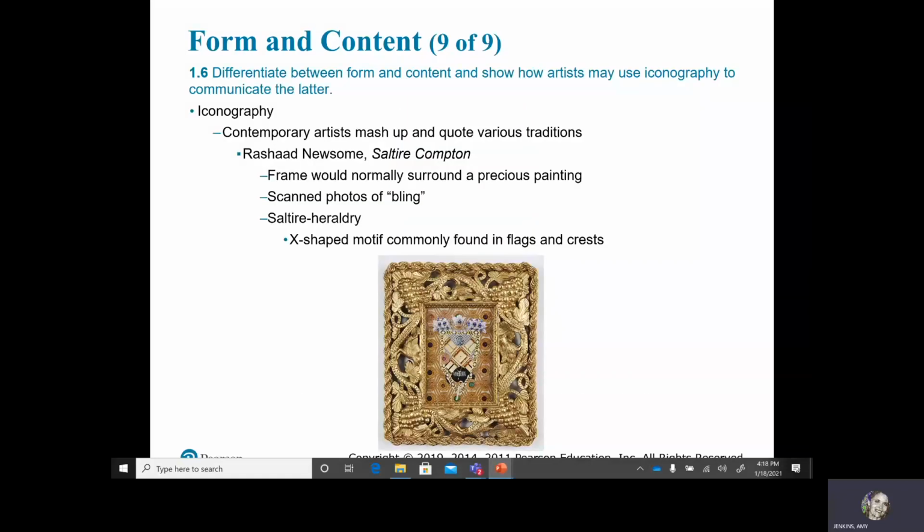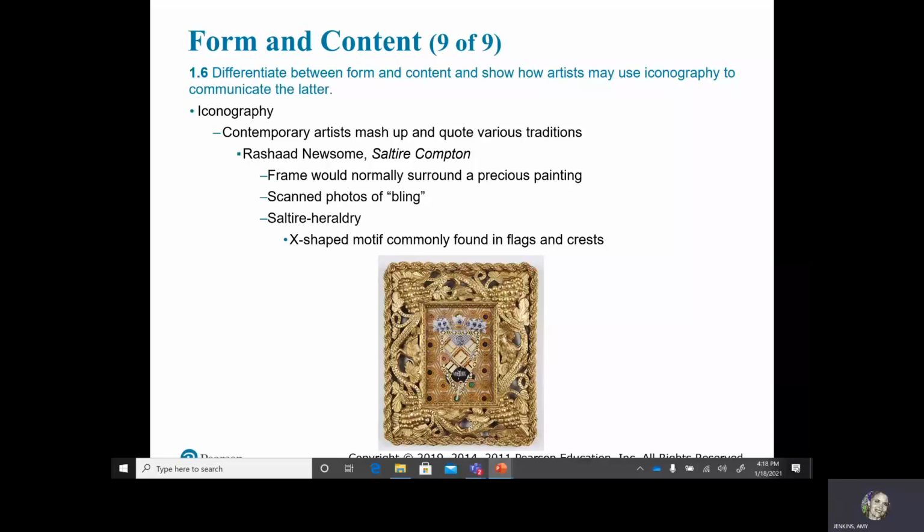Here we have iconography where contemporary artists can mash up and quote various traditions. We have Rashid Johnson's Saltire Compton. So we're talking about south of LA, the city of Compton. We have a frame that would normally be surrounded by a precious painting. And then we have scanned photos of hip hop bling in the middle.